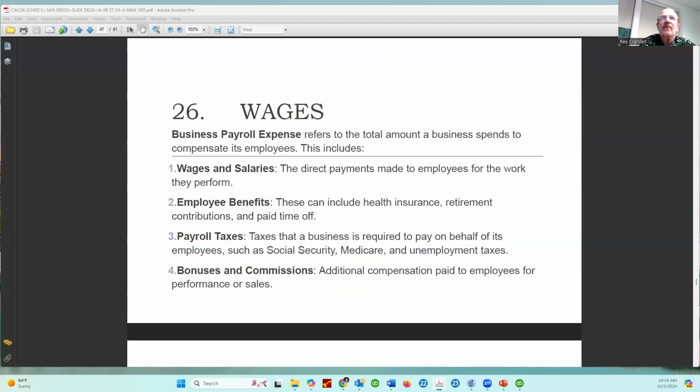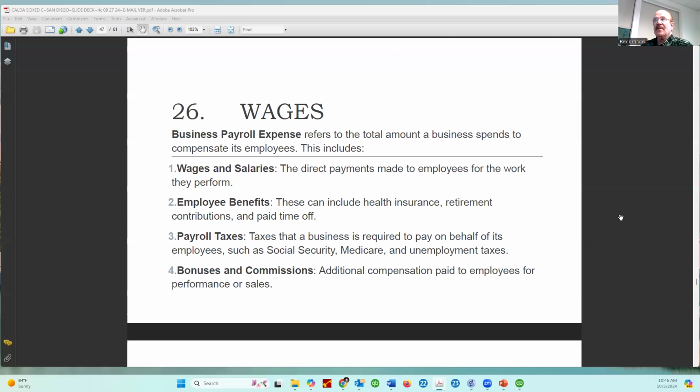Wages, payroll. We recommend when you have payroll to get a payroll service to do your quarterly payroll reports. It's quite technical. Business payroll expenses refer to the total amount a business spends on compensating its employees, including wages and salaries, direct payments made to employees for the work they perform. Employee benefits can include health insurance, retirement, and time paid off.